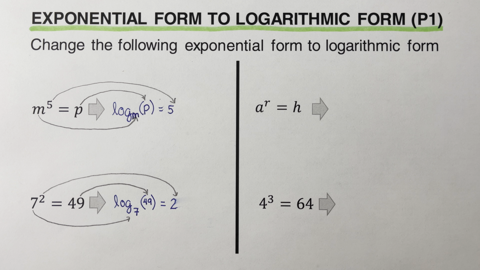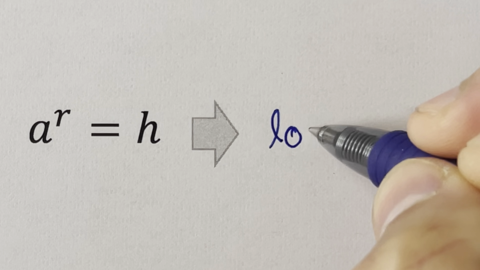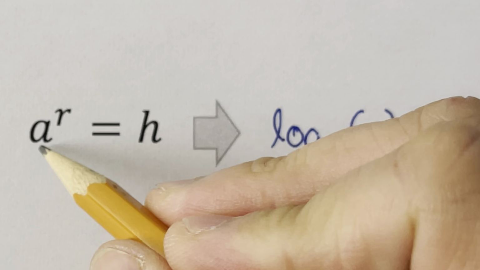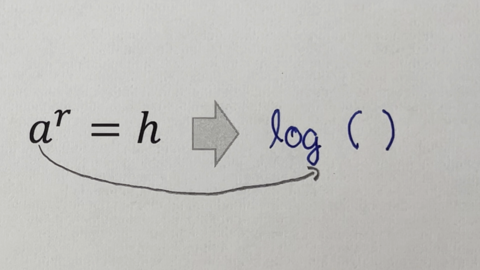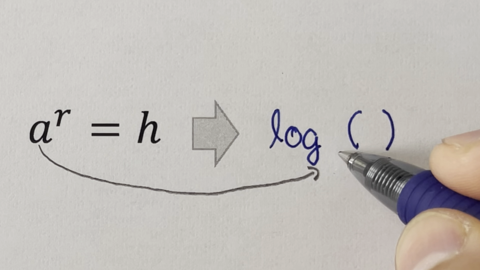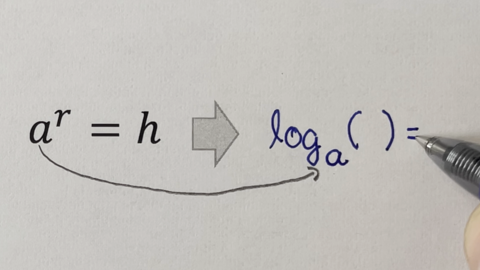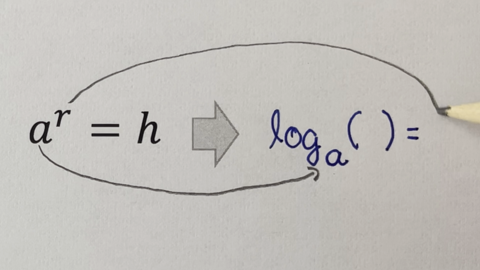Okay, so we go over the problem here. Again, we're going to set up the log here. We remember again that the base will go to the base of the logarithmic expression as well. So this becomes a small letter a here, a subscript. And this exponent letter r is going to go to this side of the logarithmic expression.